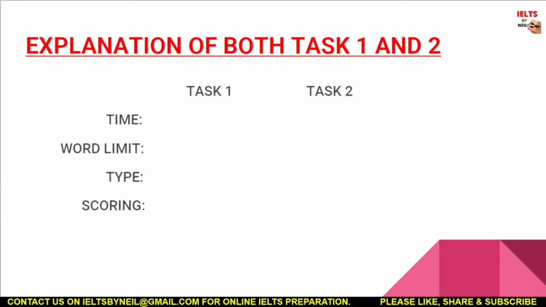Now let's try to learn what happens in task 1 and what happens in task 2, or what is the difference between task 1 and 2. So as I told you, task 1 is report writing for the academic and letter writing for the general training, and task 2 is just simple essay writing. Okay, so the time you get is 20 minutes for task 1 and 40 minutes for task 2.